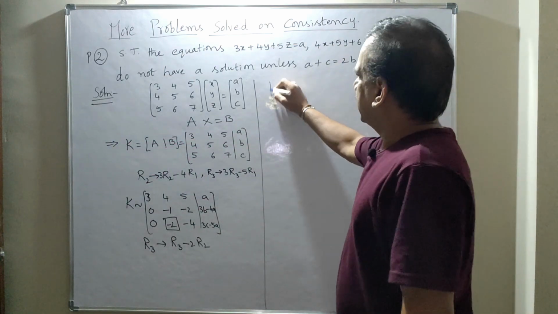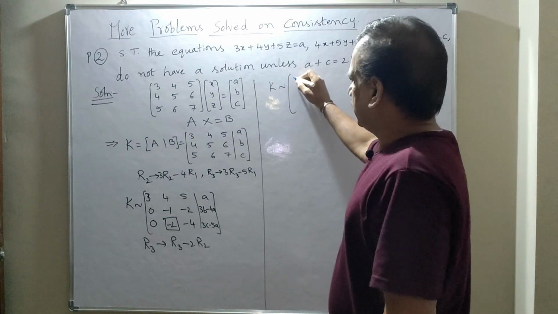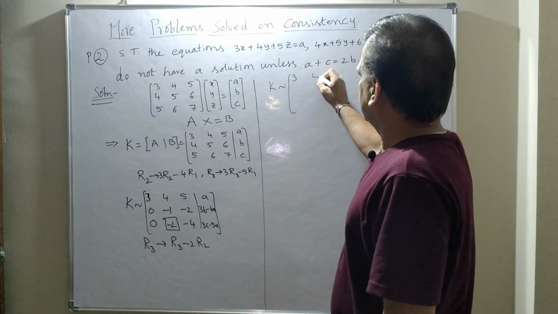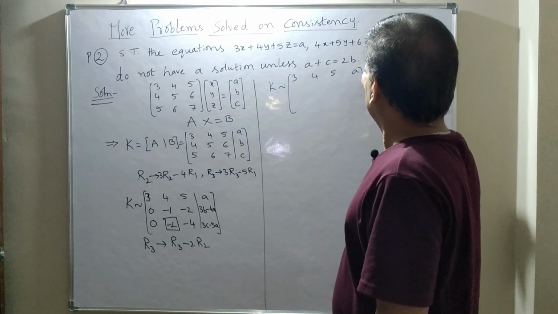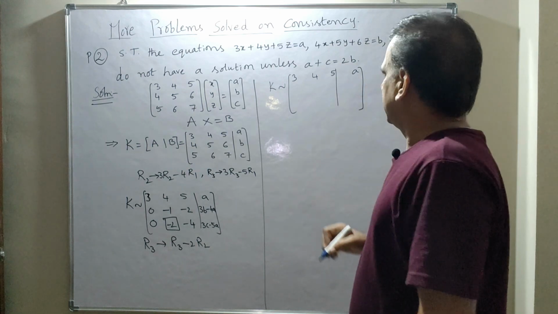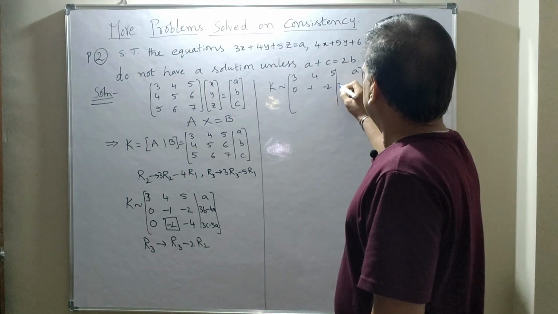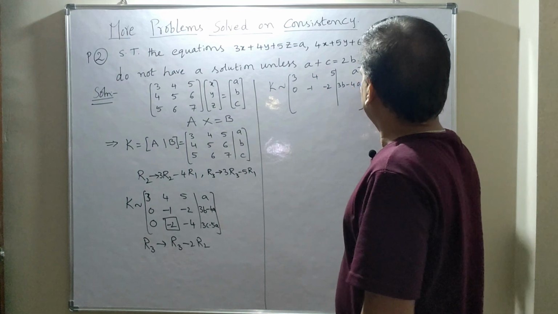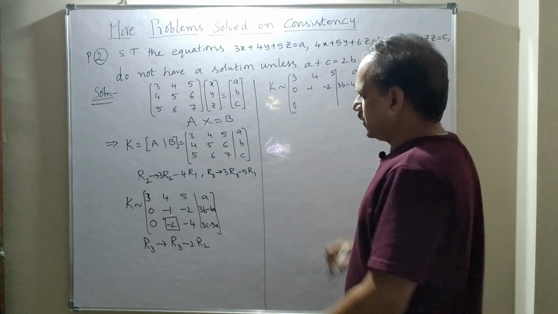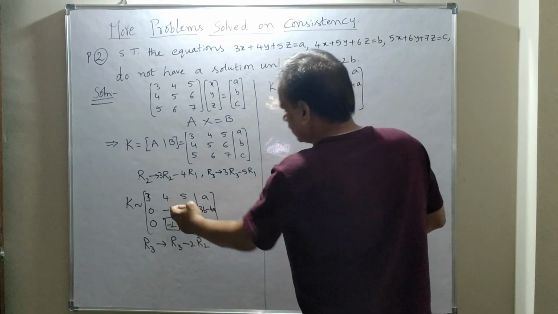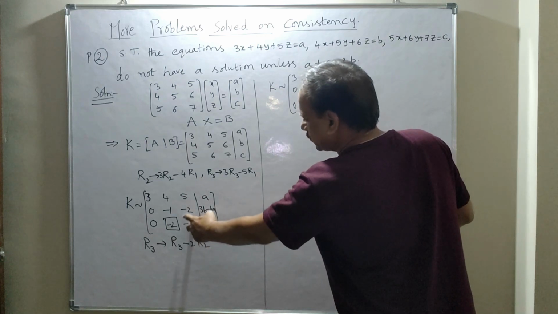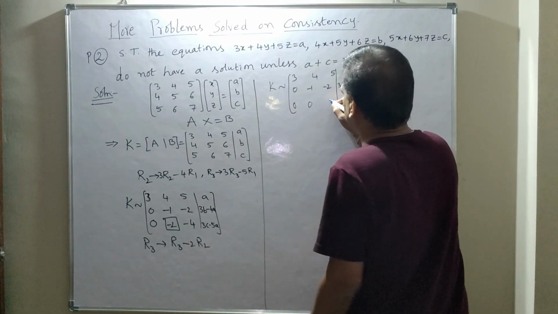So, here K will be reduced to: no changes in the first row. Second row also no changes, 3B minus 4A. In the third row, this minus 2 into this is 0. This minus 2 into this, minus 4 plus 4, is 0.